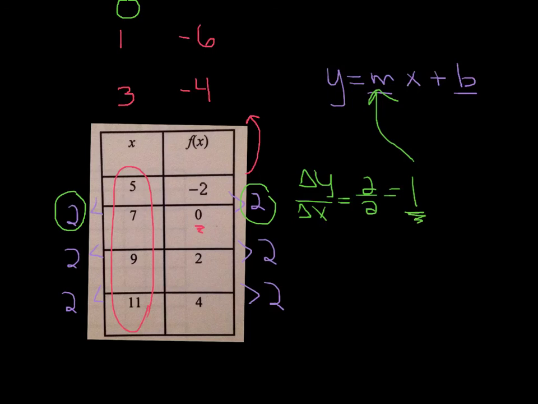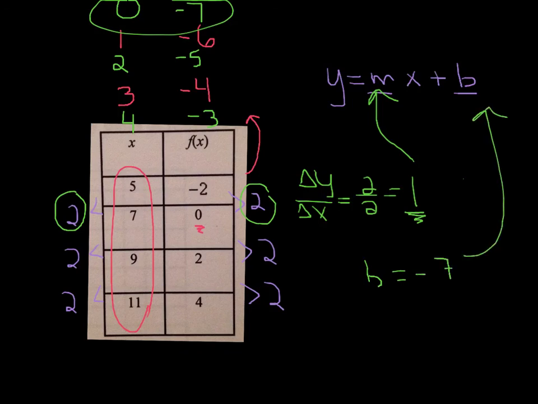So you can change this to only just go up by 1 or backwards by 1, and we'd be at negative 2 and then negative 3, negative 4, negative 5, negative 6, and negative 7. So negative 7 is my y-intercept. So my equation, y equals, my slope is 1, so 1x, and then minus 7 is my equation.